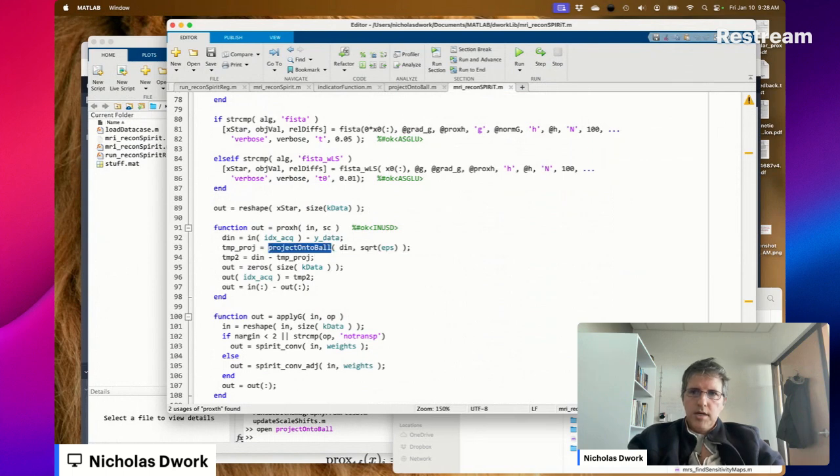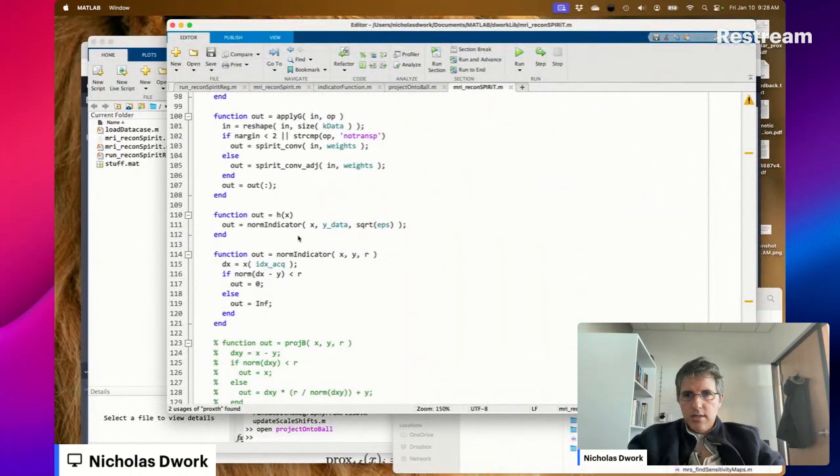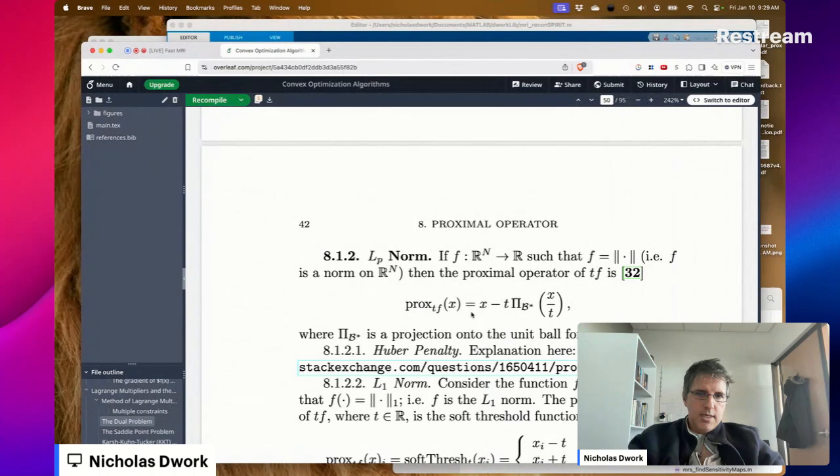Okay, so there's I think it looks like Alex, norm indicator of X. Norm indicator. He created a function called norm indicator. So the norm. Okay, not the norm squared, but the norm. So then this seems to be what we're doing.